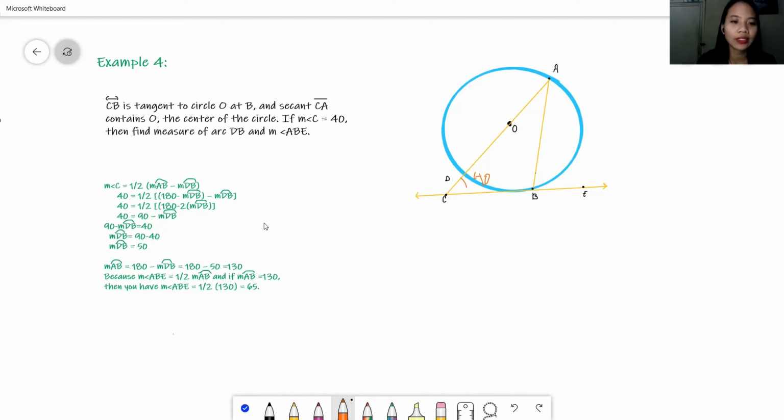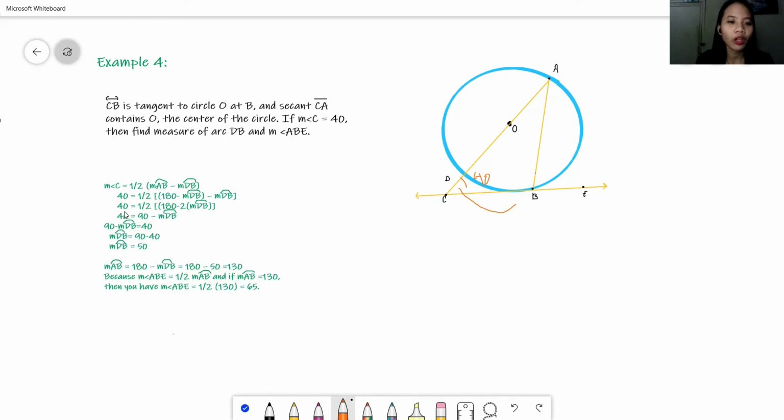First, let us find the measurement of arc DB, which is this one. We are using the value of angle C, which is 40. Then we are using 180, since in the problem we have a secant segment, which is CA. So 40 is equal to 1/2 times 180 minus the measurement of arc DB.